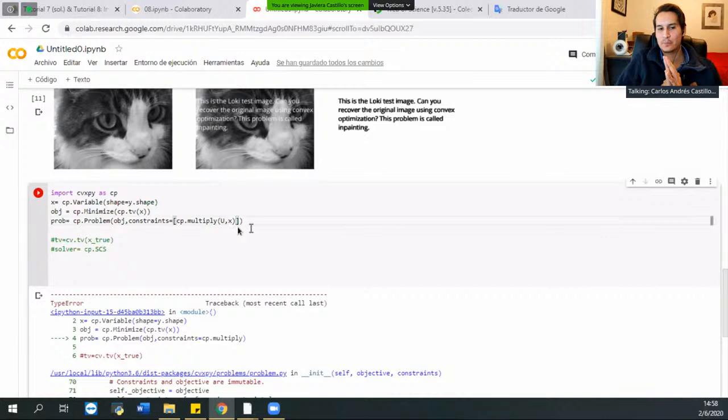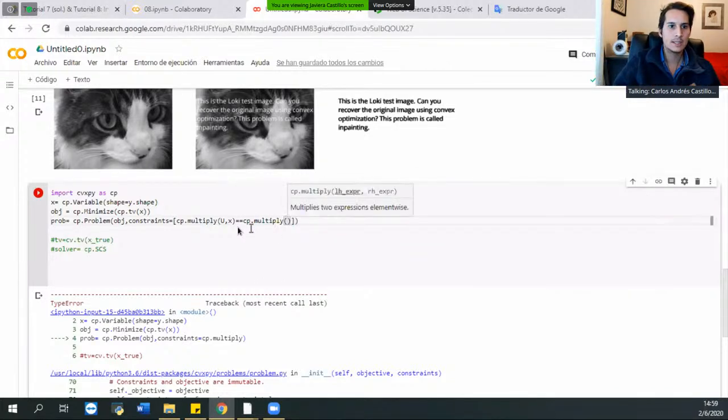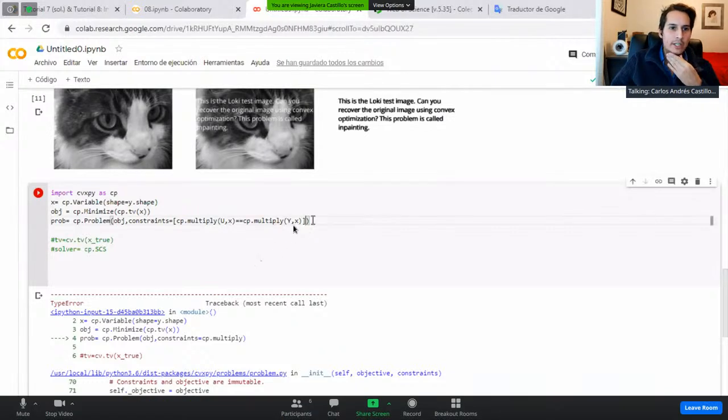But instead of putting just one equal, you need to put two equal signs, because two equal signs means comparison. If you put just one equal sign, what you're telling Python is that you're defining something as the thing on the right. Y tenéis el último paréntesis, hay que borrarlo. No, that's correct. You have an error there because in the second multiply you need to put U, comma y. Sí, debería ser una U y una Y.